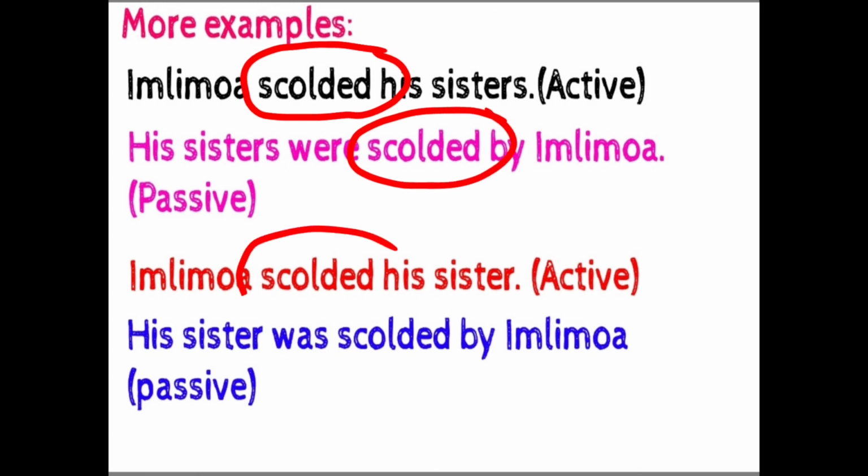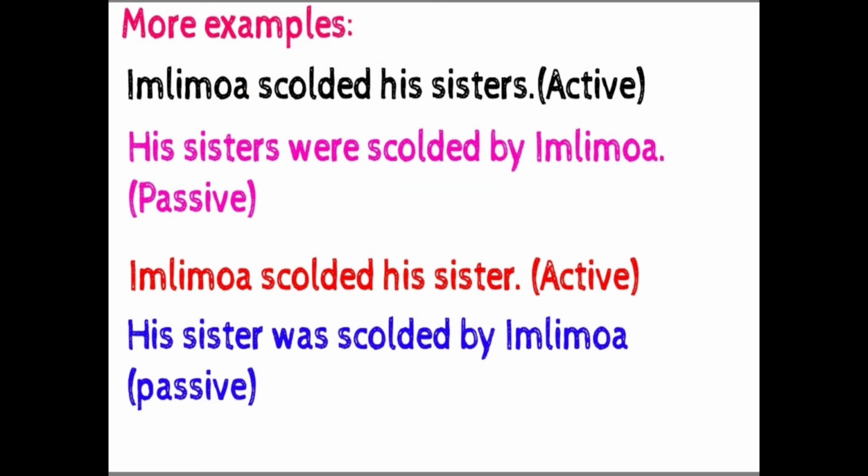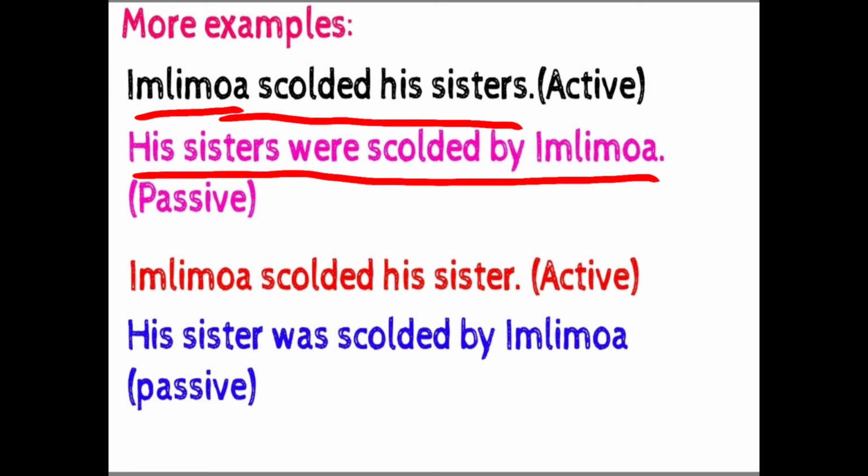So the first example, Imlimo scolded his sister. This is an active voice. Why? Because the subject Imlimo is doing the action. Okay, whereas the second sentence is a passive voice because the subject is receiving the action done by Imlimo.